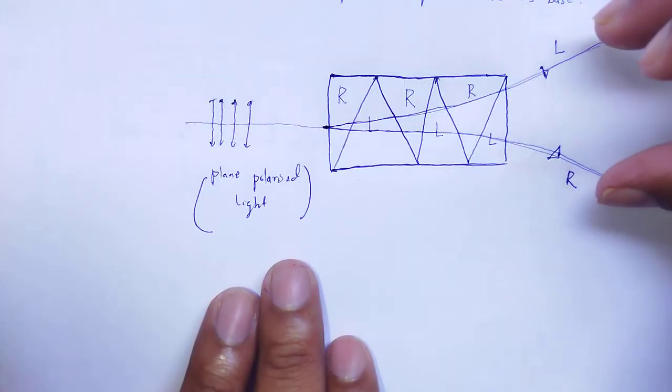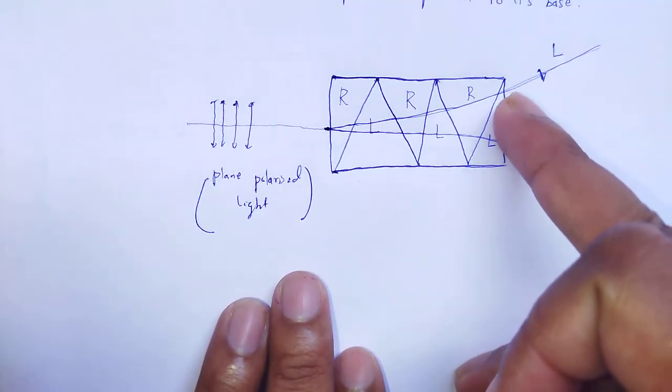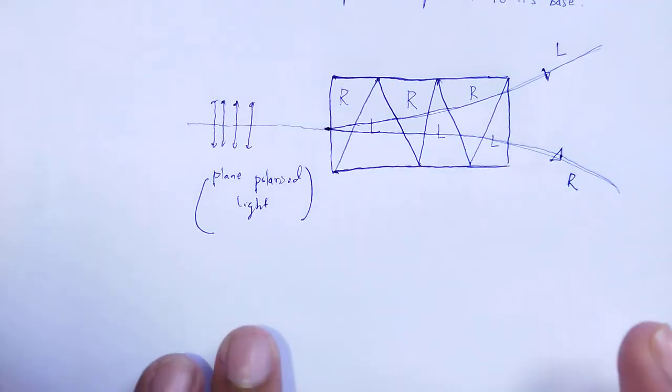So how can we say that this component is left-handed and this component is right-handed?